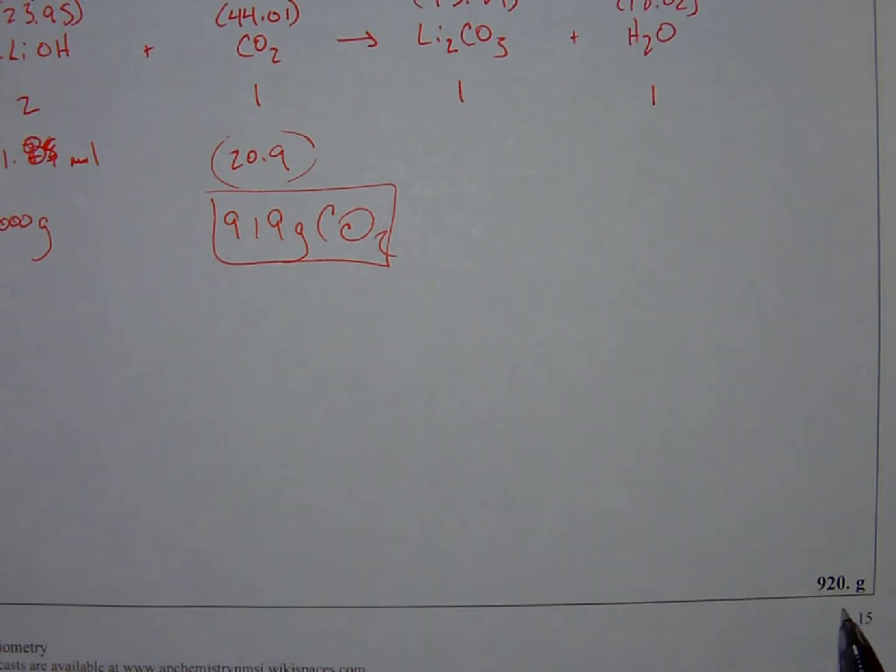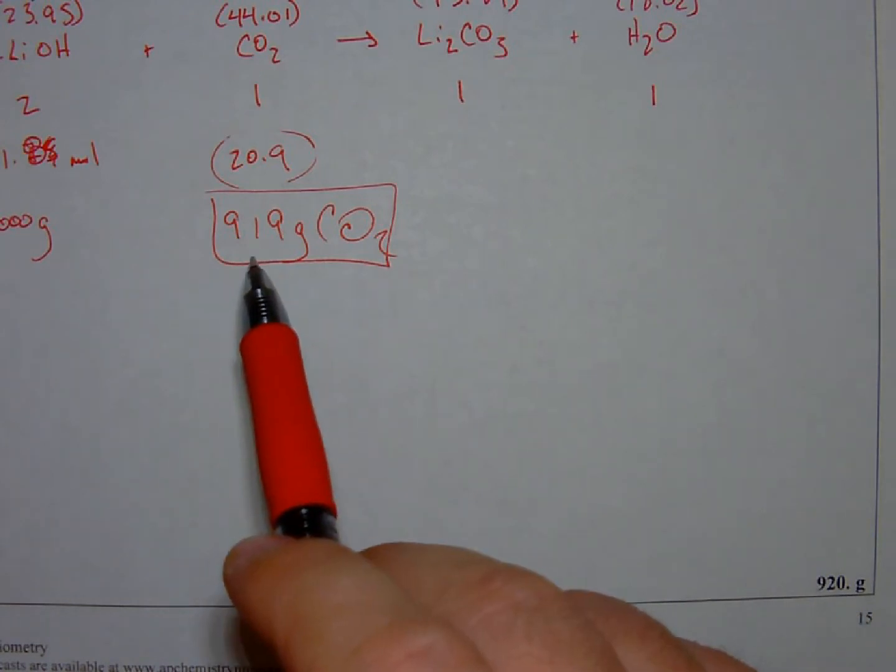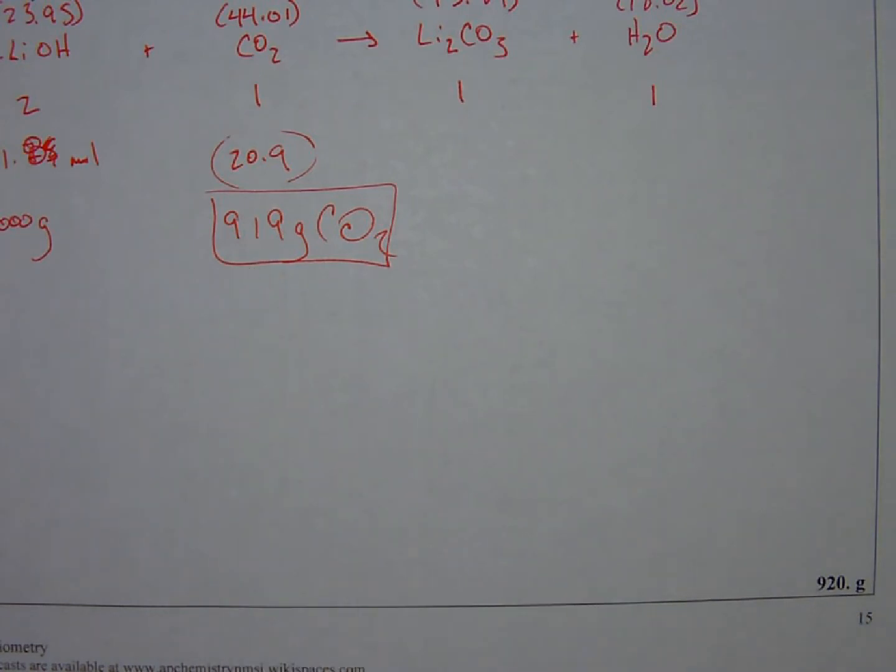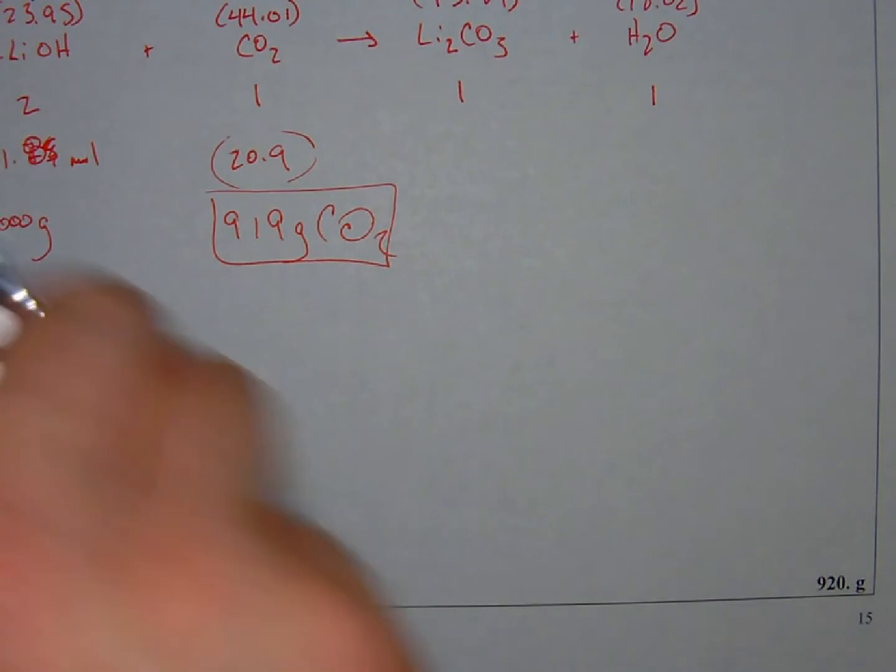So for this example, let's say the answer that the AP graders have written down that they're grading towards is 920, like it is here. And you write 919, full credit. If you would have written 921, full credit. 919.5, an extra significant figure, full credit. That's generally what the AP graders are looking at here.